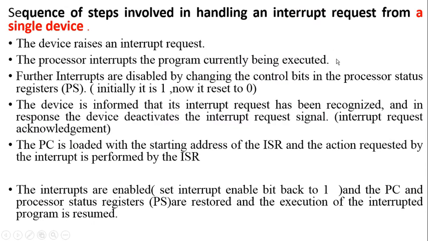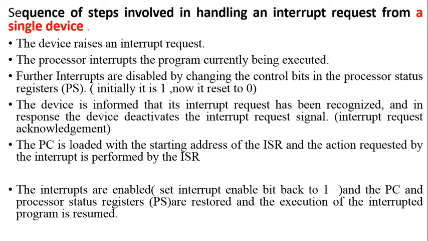Next is about the sequence of steps involved in handling an interrupt request from a single device. The device raises an interrupt request. The processor interrupts the program currently being executed.